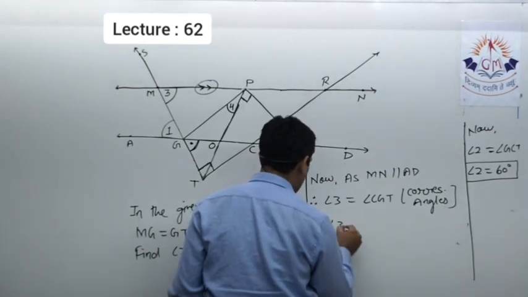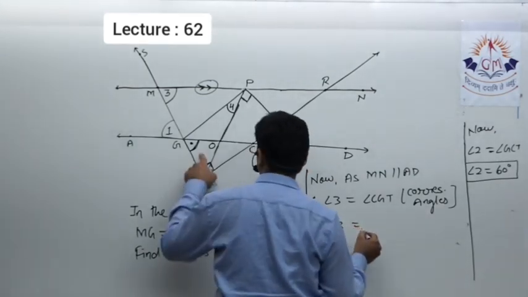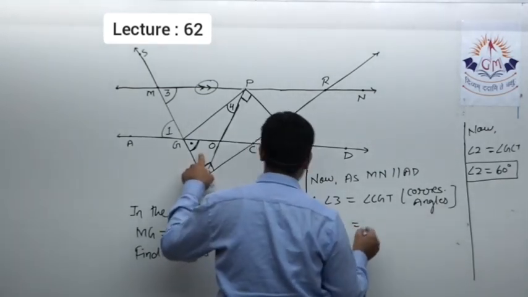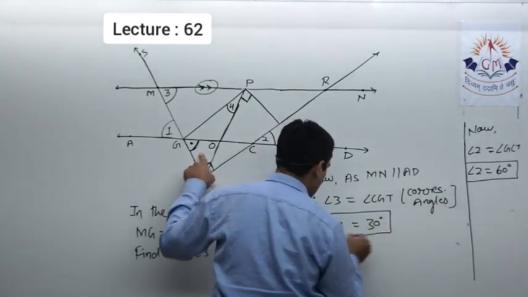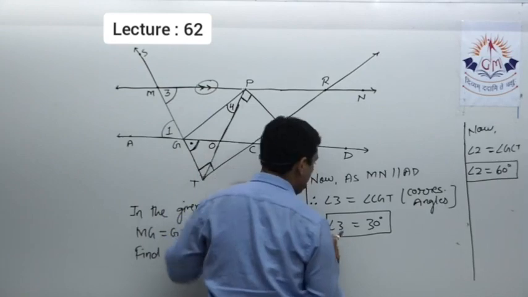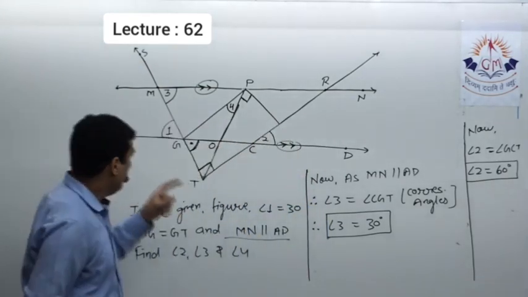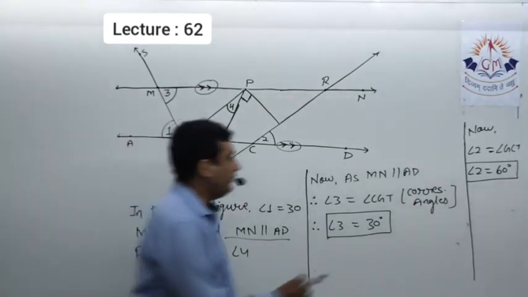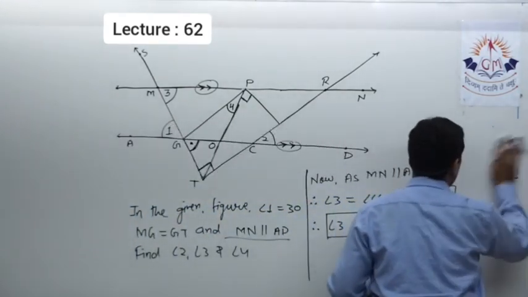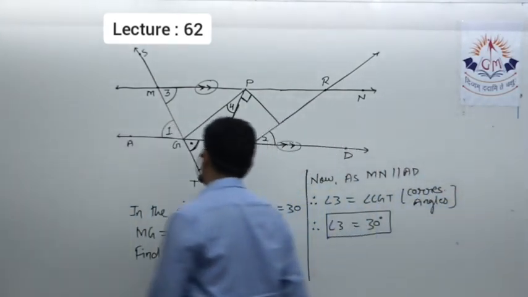Therefore angle 3 is equal to angle CGT, which was 30 degrees. So we obtained the measure of angle 3 as well, that is 30 degrees. Now we'll come to angle 4. So note it down, then we'll see how to find the measure of angle 4.